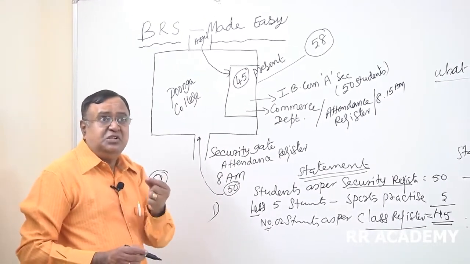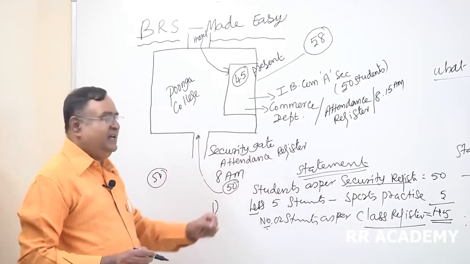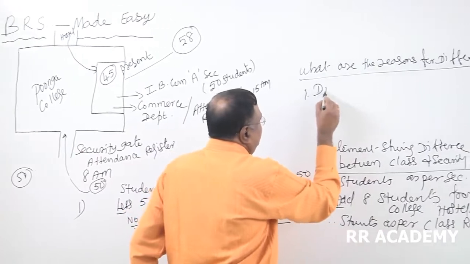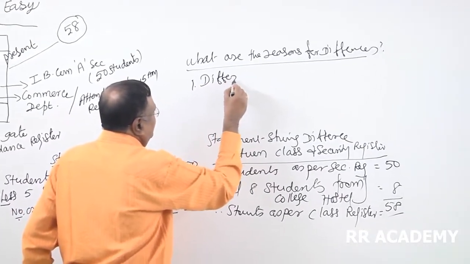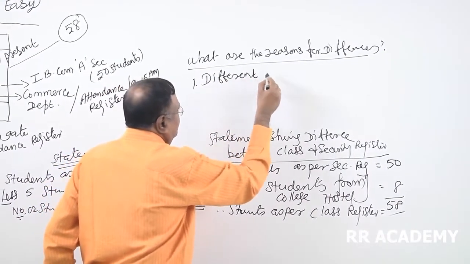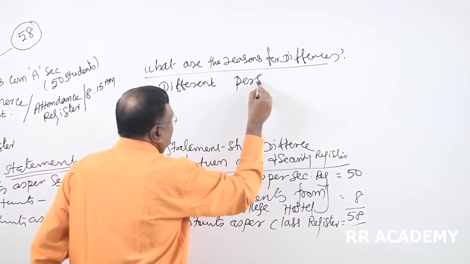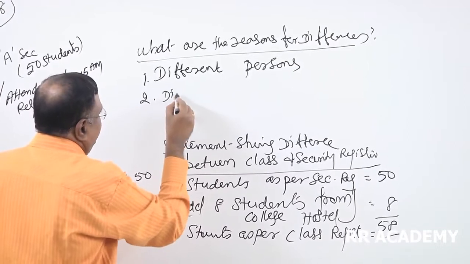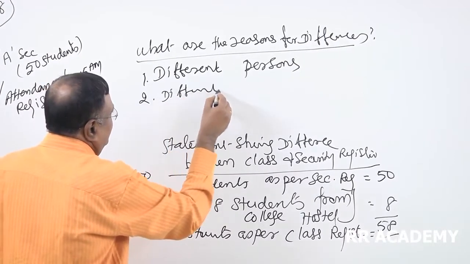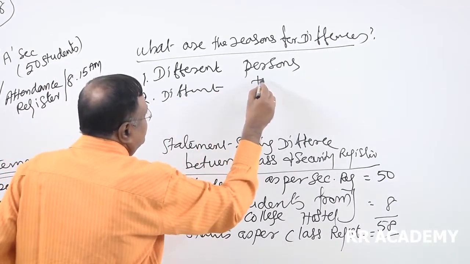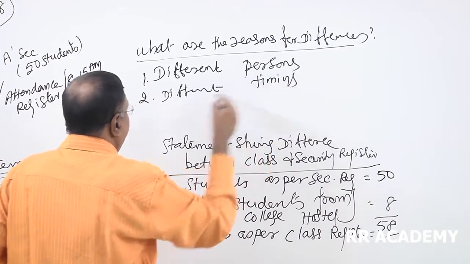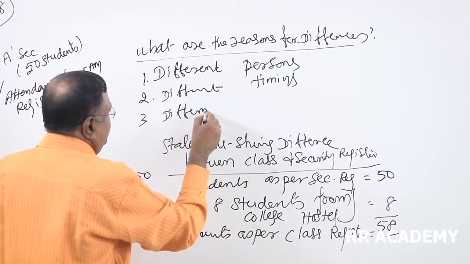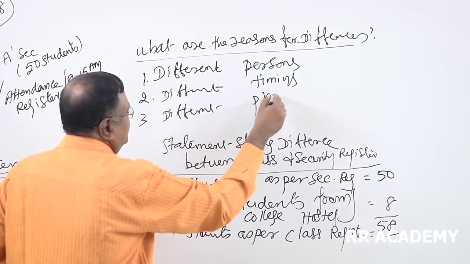There should be a reason, no? What is the reason? Now, 1, different persons. 2, different timings. 3, different place.